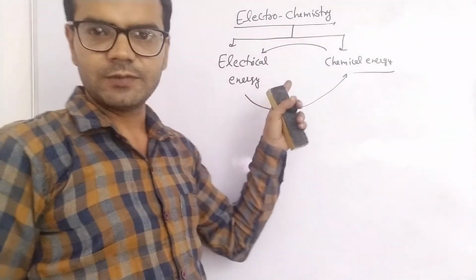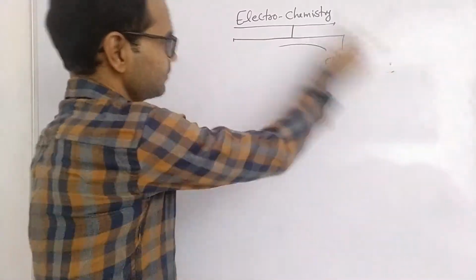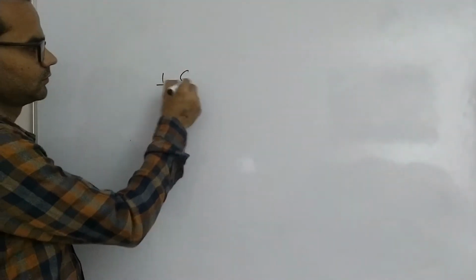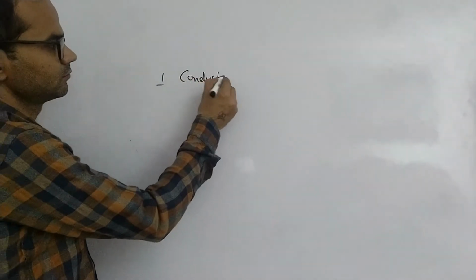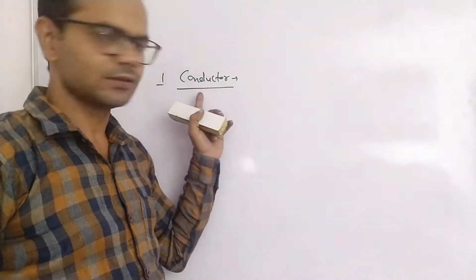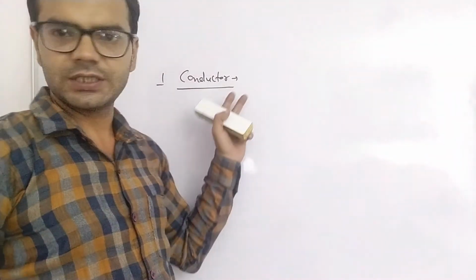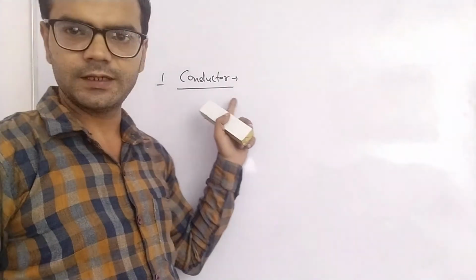Now let's start the chapter with some basic terms or definitions. First term is conductor. I think you have studied in lower classes also. The materials from which current can be passed, they are called conductors.